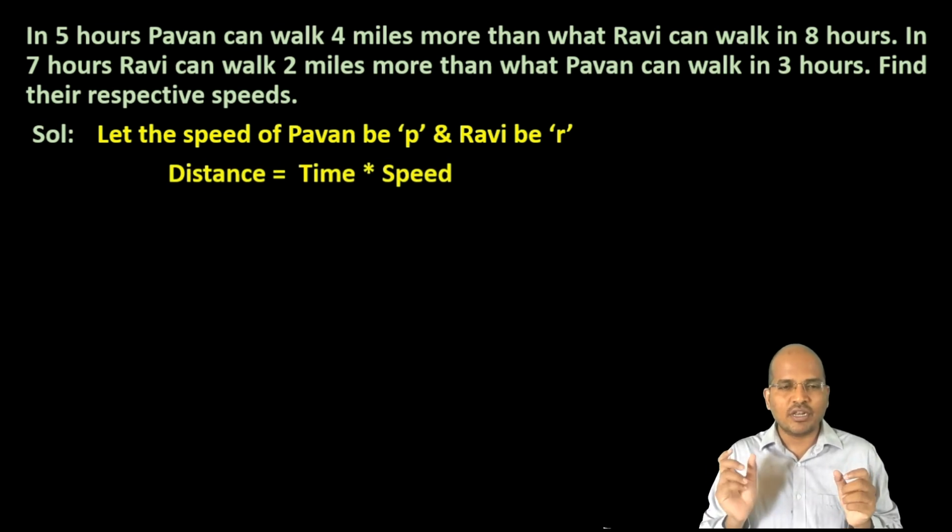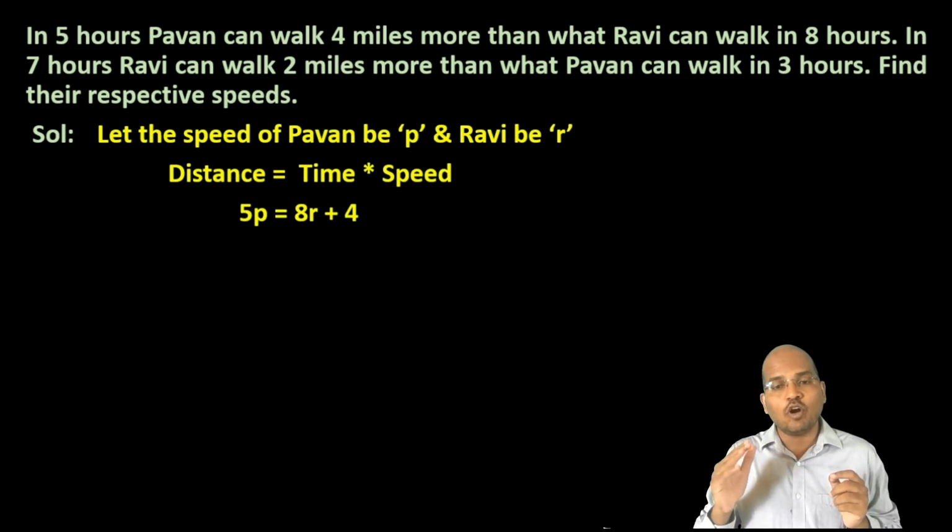Now frame the equation. First line says in 5 hours Pawan can walk 4 miles more. So the distance traveled by Pawan is 5p. Clear? He says 4 miles more than what Ravi can walk in 8 hours. 5 is the time, p is the speed, 5p is the distance traveled by Pawan. r is the speed of Ravi, 8 is the time taken by Ravi.